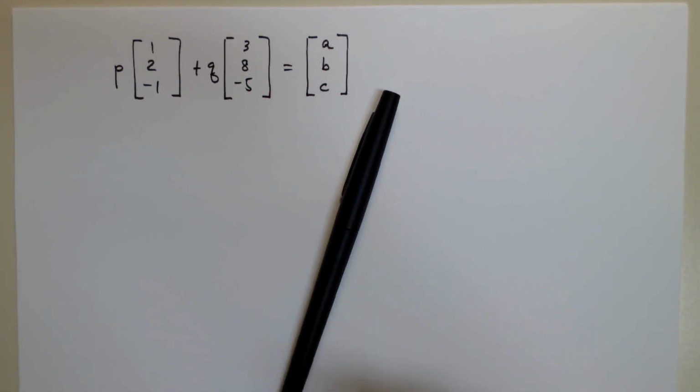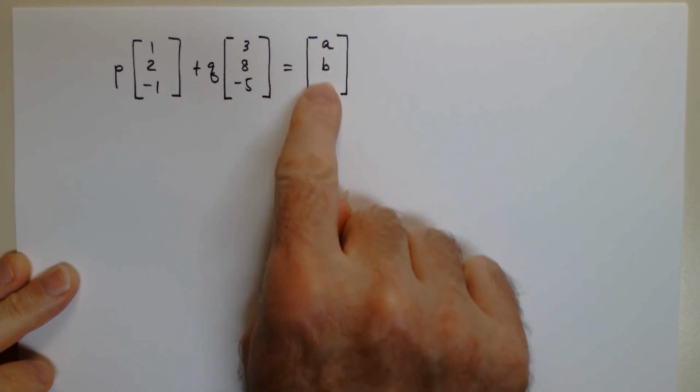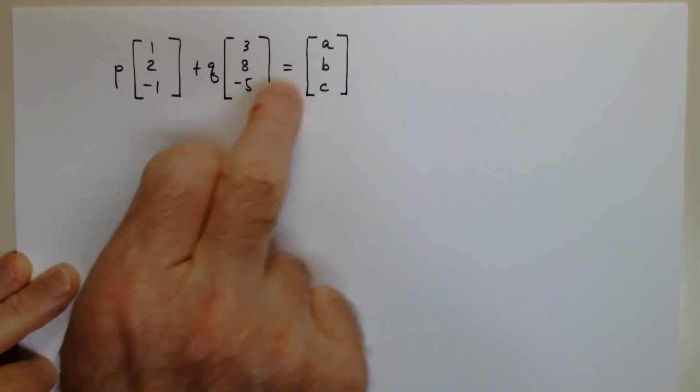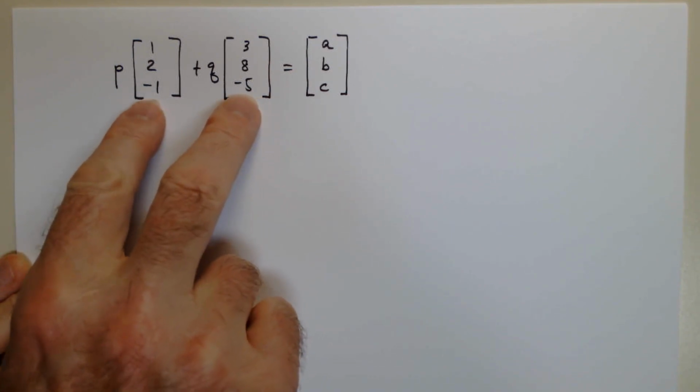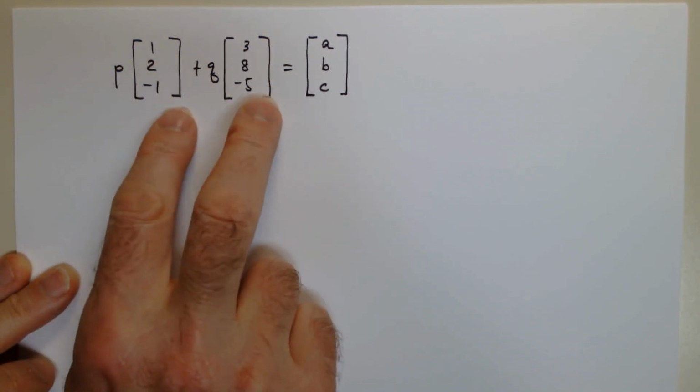All right, welcome back to the document camera. In this problem, we have to find conditions on these components A, B, and C that will guarantee that the corresponding vector is in the span of these vectors, in this case 1, 2, -1, and 3, 8, -5.